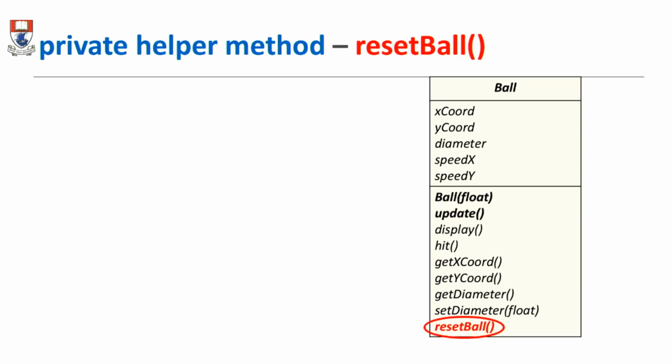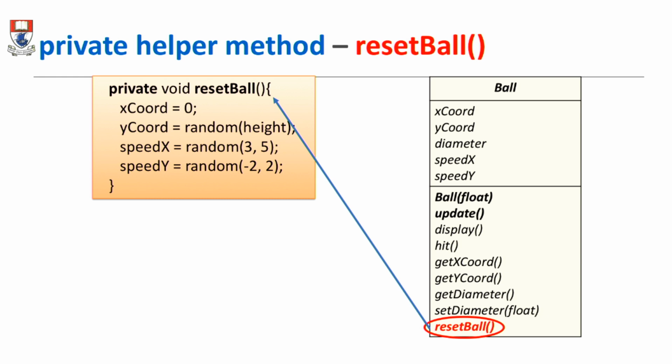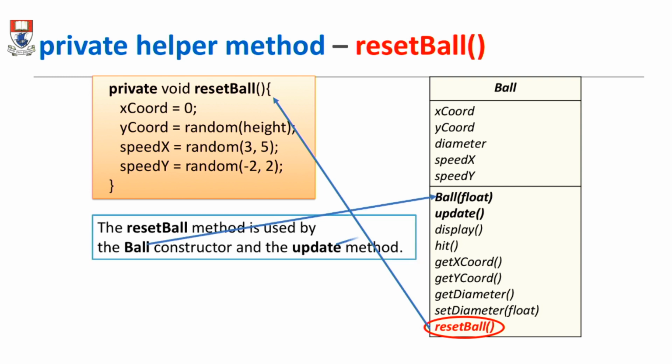Something new, so please make a note of this one, is that we have a private helper method called reset ball. What a private helper method means is it can only be used inside the ball class, so it's only other methods within this class that can call it. And what we need to do to make that happen? Well, we're going to use the private keyword in front of the return type of the method. The two methods that make use of reset ball are the ball constructor and the update method.